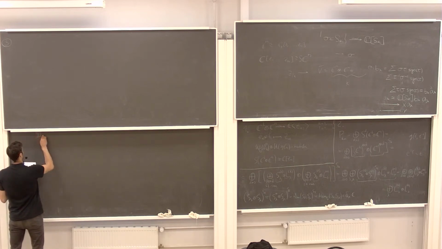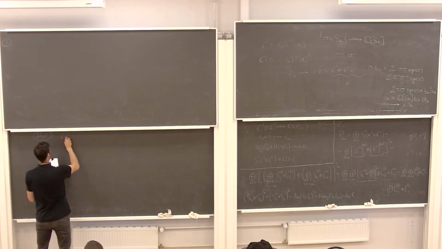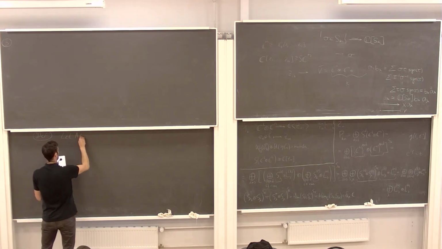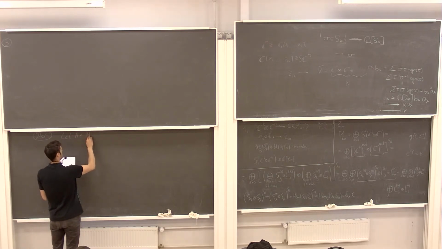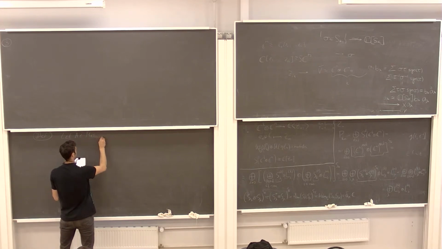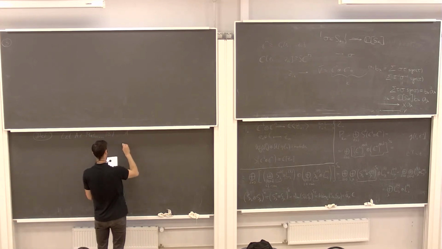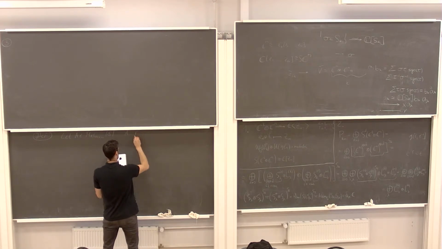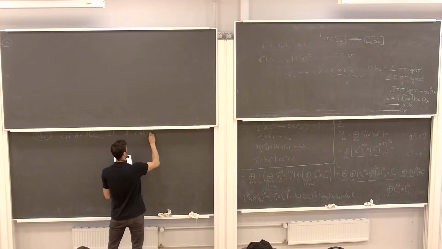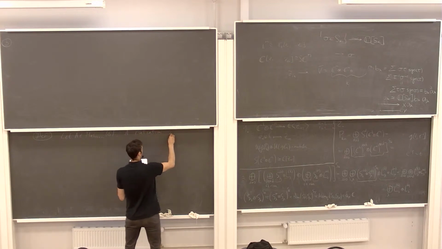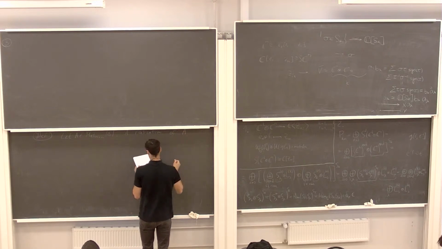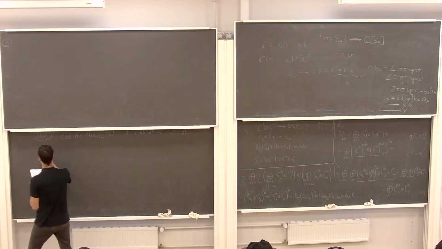So again, let me start with some definition. Let me consider a square matrix n by n with complex entries, and I say that a realization of this matrix is a triple.